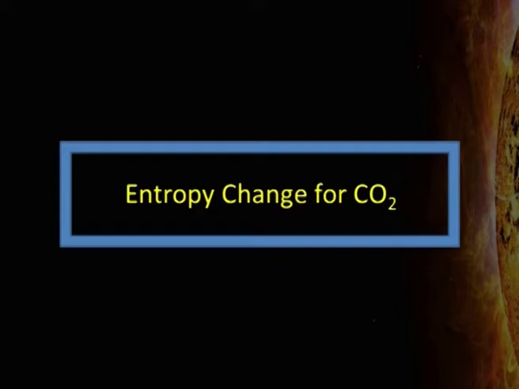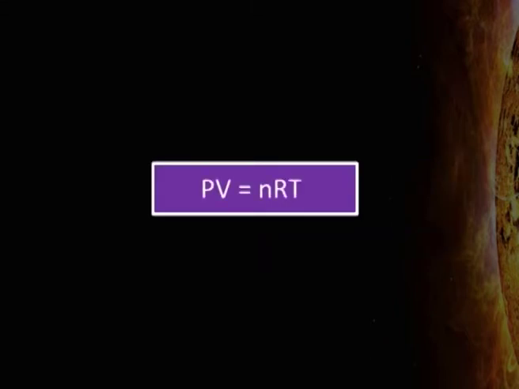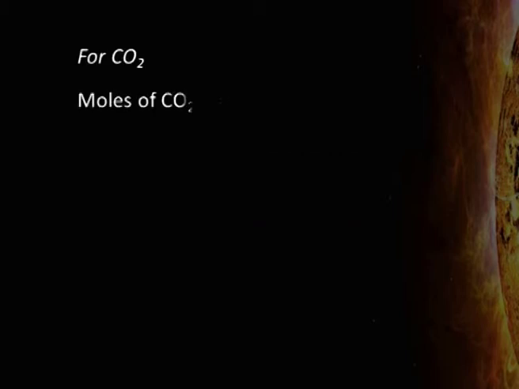For that, we need the number of moles of carbon dioxide. As you know that PV is equal to nRT, we can say that n will be equal to PV divided by RT, and putting the values of P, V and RT, we will have number of moles of carbon dioxide equal to 10^5 multiplied by 0.7 divided by R multiplied by 298.